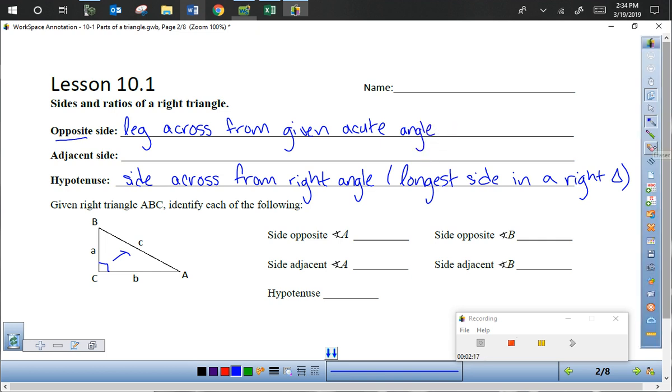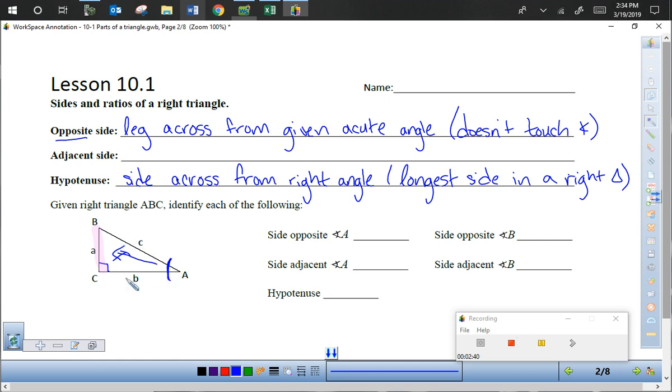Say, for example, we're focusing on angle A here. The side across from it is actually the side that doesn't touch it. So that's another way to look at it. Does not touch the angle. Then the adjacent side is the one right next to it, but is not the hypotenuse.